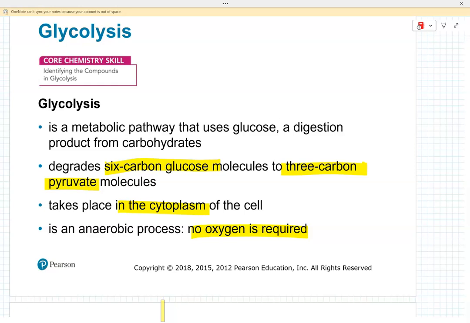In terms of evolution, it is one of the oldest, if not the oldest, metabolic pathway ever evolved. All cells, and I'm not making this up, all cells, from bacteria to humans, in some form, with some modifications, carry out glycolysis.